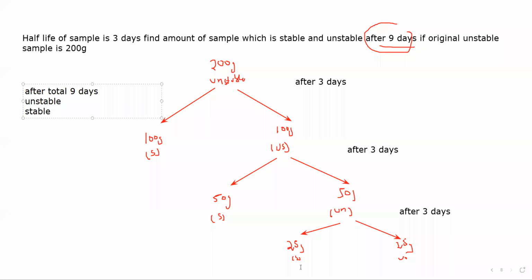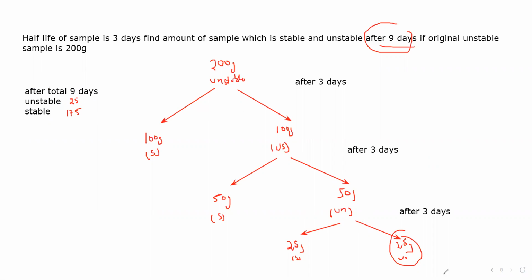What's the amount of sample which is unstable, or still emitting out radiation after 9 days? So after 9 days, 25 gram is still emitting out radiation. So unstable is 25 and originally it was 200. So stable will be 175. Is it clear? You can add these numbers, 100 plus 50 plus 25.